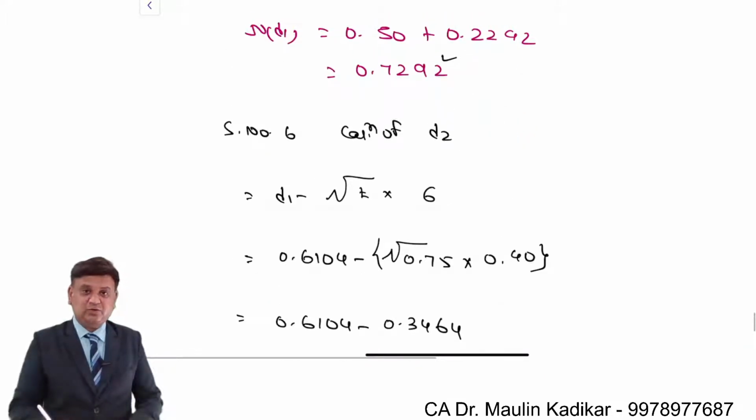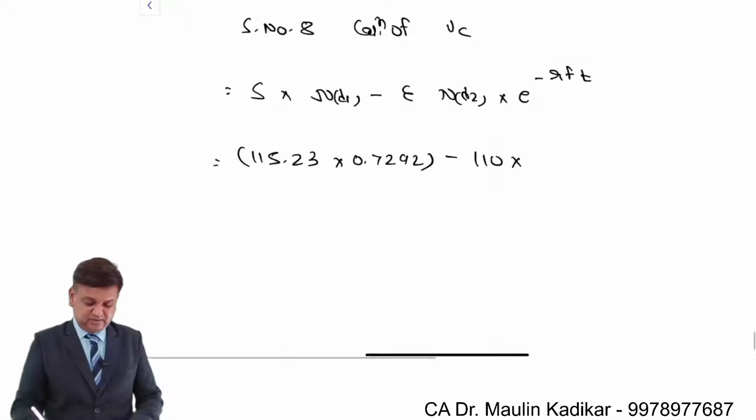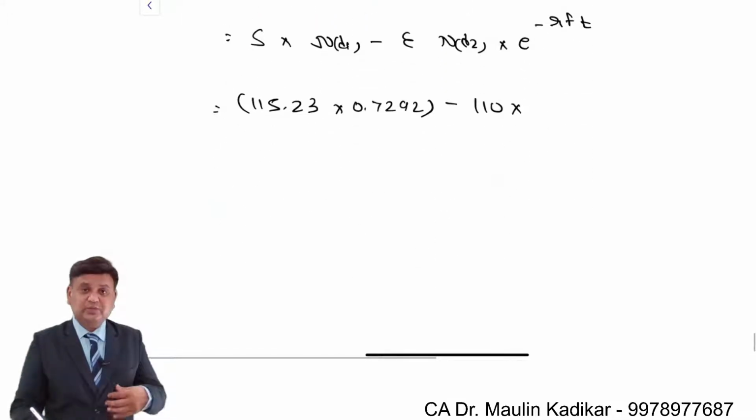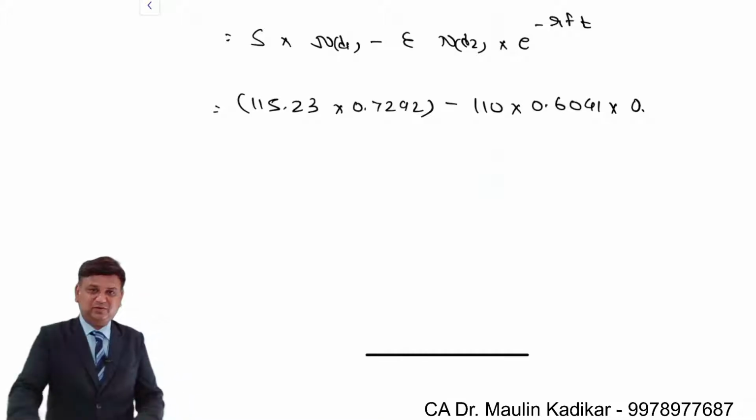It is 0.7292. Exercise price is 110 into ND2 is 0.6041 into E raised to negative RF into T.